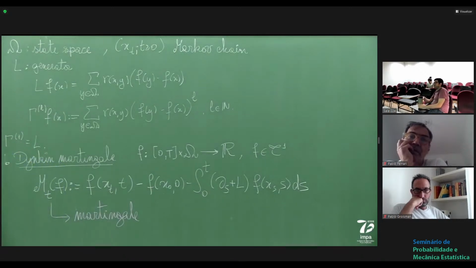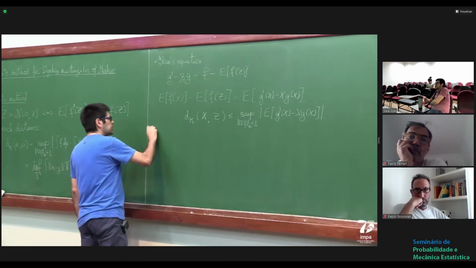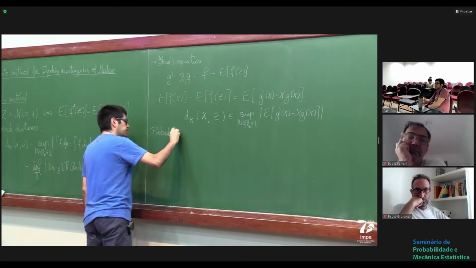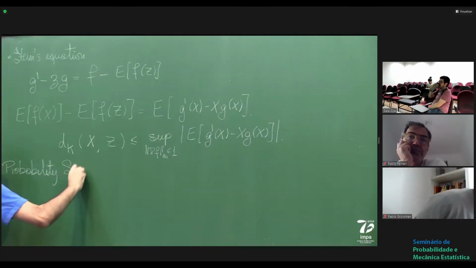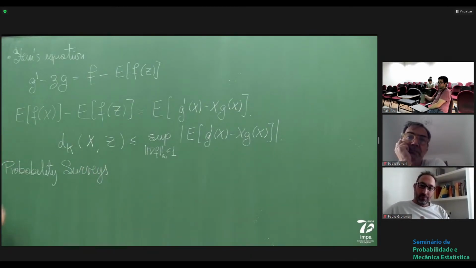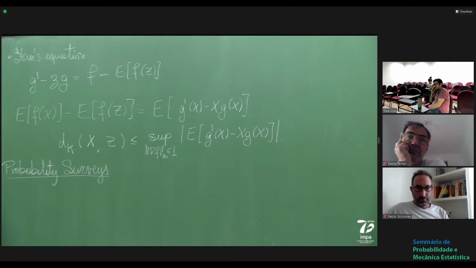So there is something called Probability Surveys. This is a journal that publishes surveys about different subjects, and there are at least two probability surveys about Stein methods, which are very good.